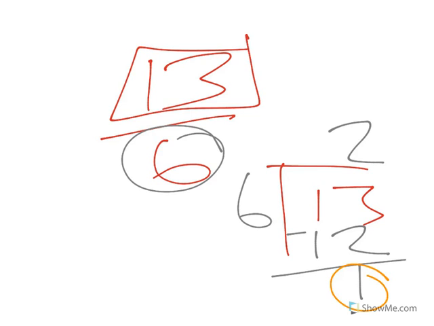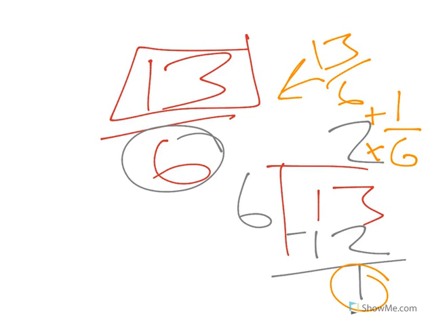Now this 1 is smaller than my 6, so my remainder becomes my numerator, and my divisor is my denominator, so 2 and 1/6. And to check to see if that's right, I'm going to go 6 times 2, which is 12, plus 1 is 13 over 6. It matches, so I'm good to go.